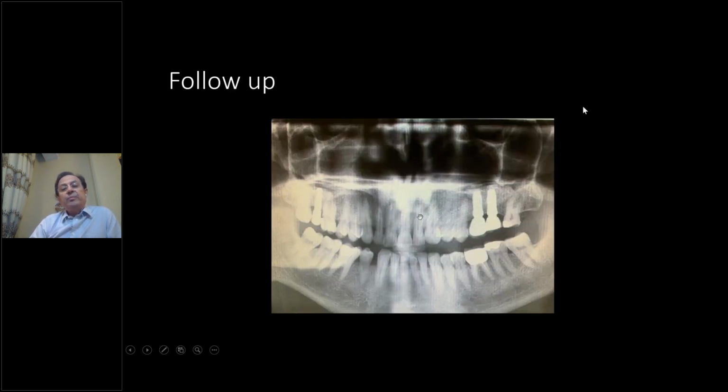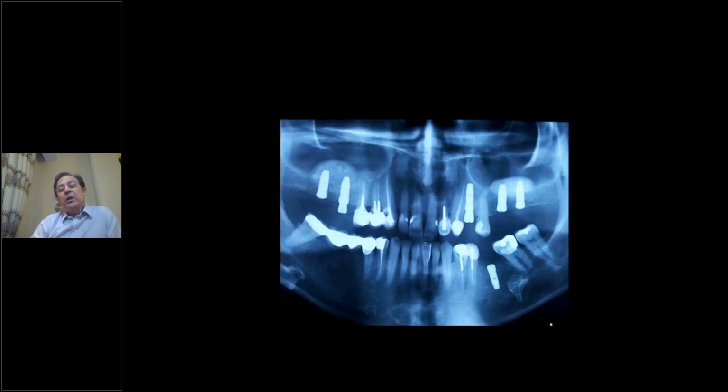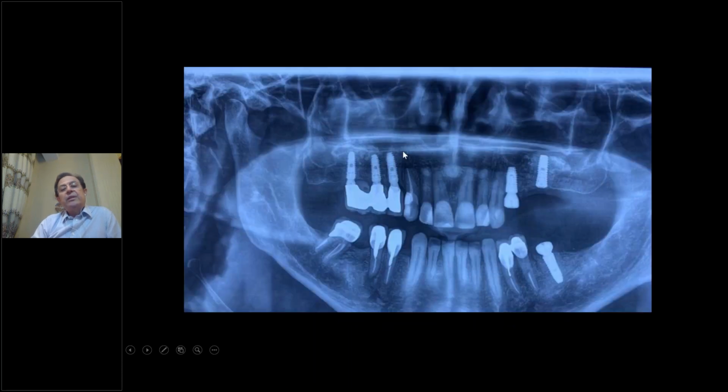And this is the follow-up, and this is another case which we did. If the membrane is lifted safely upward, we will have this situation, a round area, and there is not any penetration of the biomaterial inside the sinus. This is another case, and this is a case.